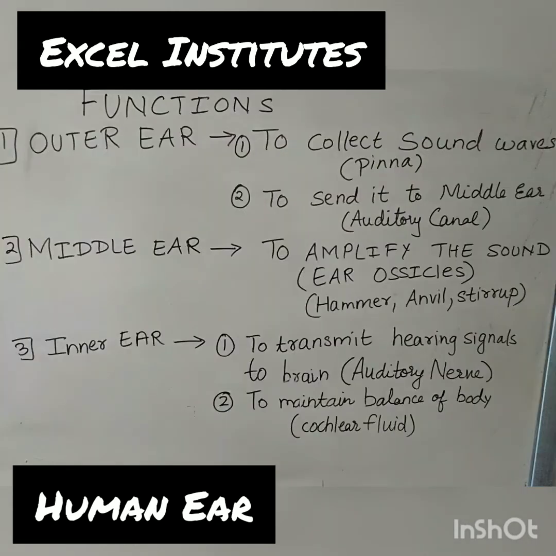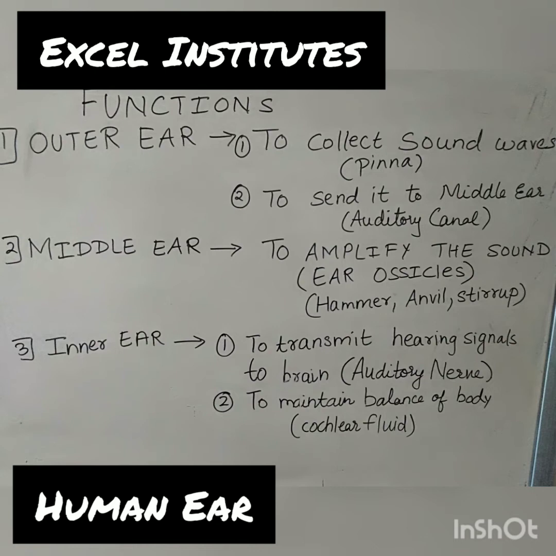to the brain. So let's have a quick recap that the ear is divided into outer ear, middle ear, inner ear. Outer ear function is to collect the sound waves and send it to the middle ear via the auditory canal. The middle ear function is to amplify these sound waves and send it to the inner ear.